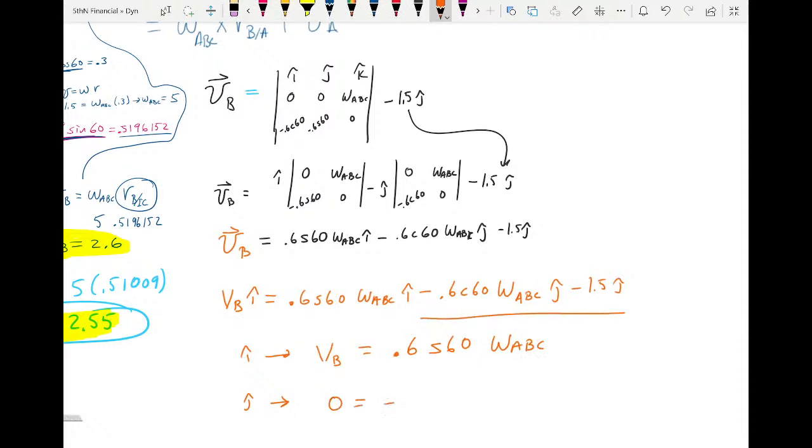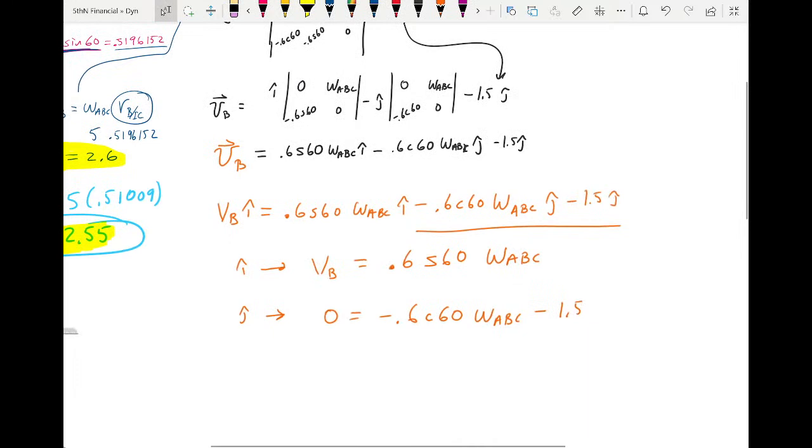So it's going to be minus 0.6 cosine 60 omega ABC minus 1.5. And from that, omega ABC is equal to minus 1.5 divided by 0.6 cosine of 60. And that is going to be calculatable.